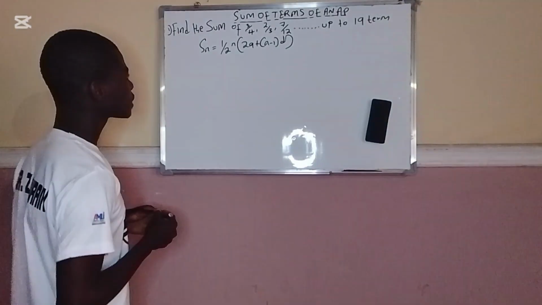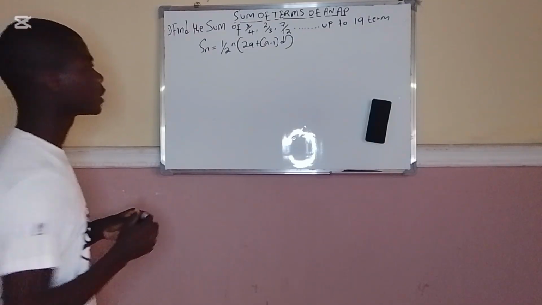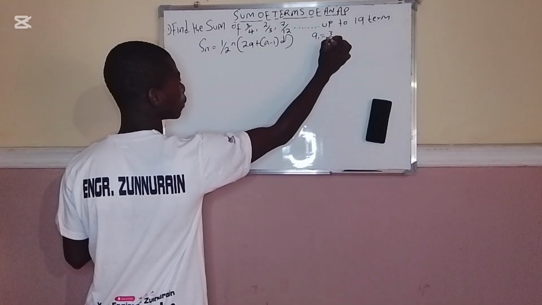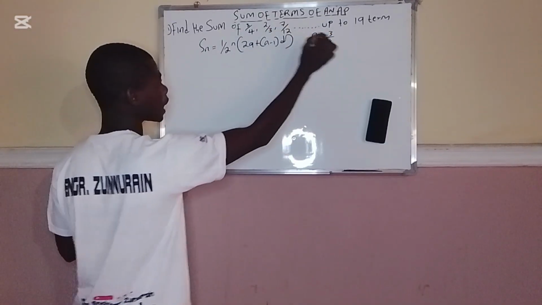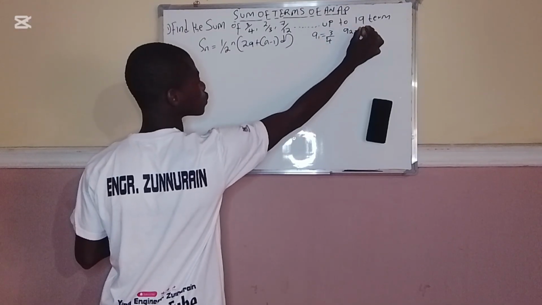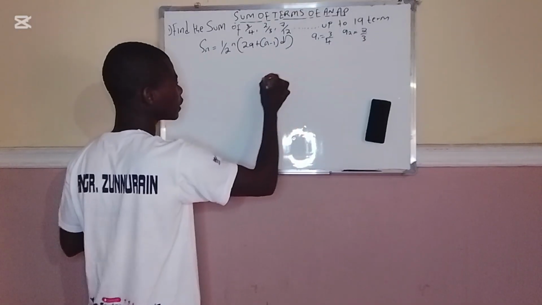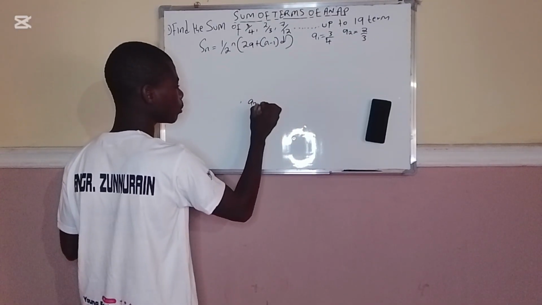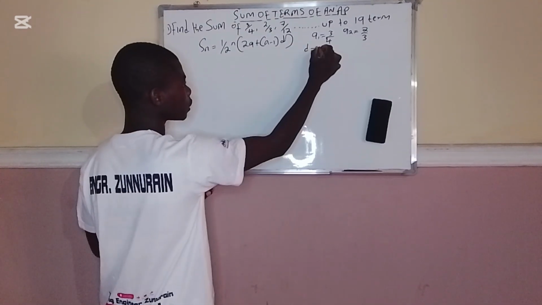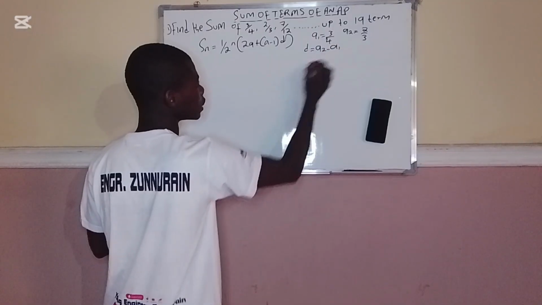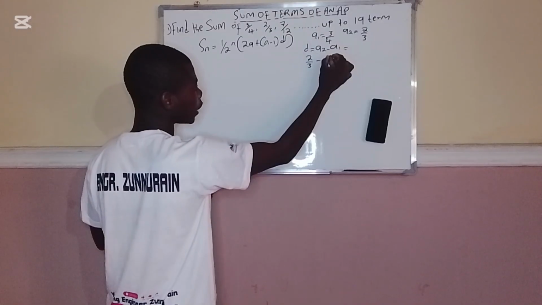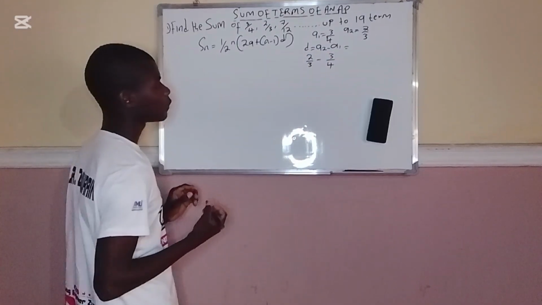So I first have to find the first term and the common difference. The first term a is 3/4, and the second term a2 is 2/3. The common difference is a2 minus a1, which is 2/3 minus 3/4.